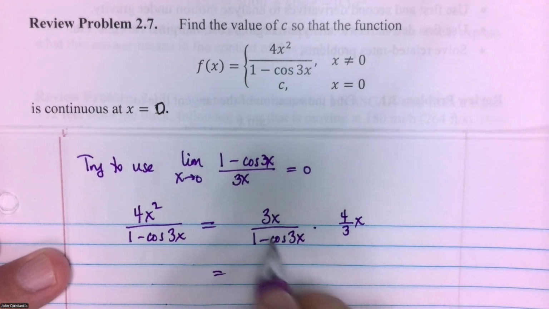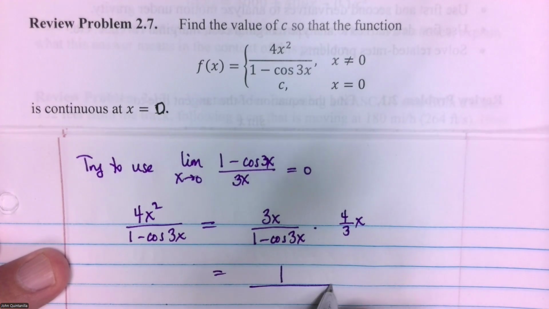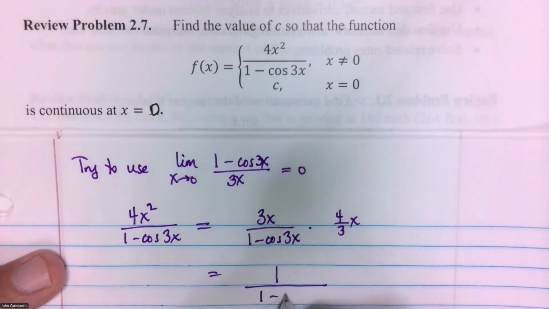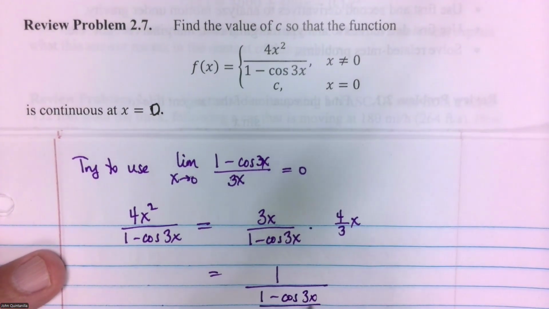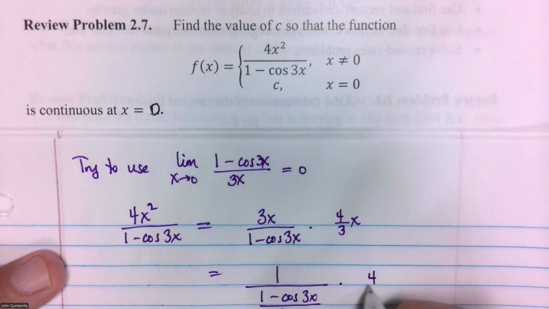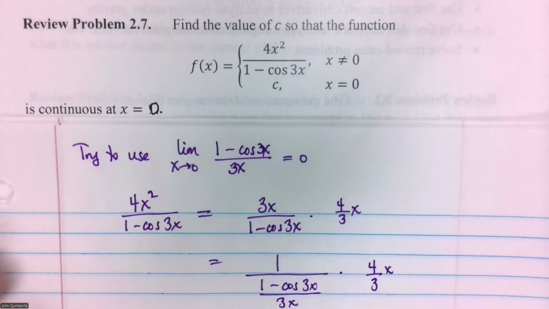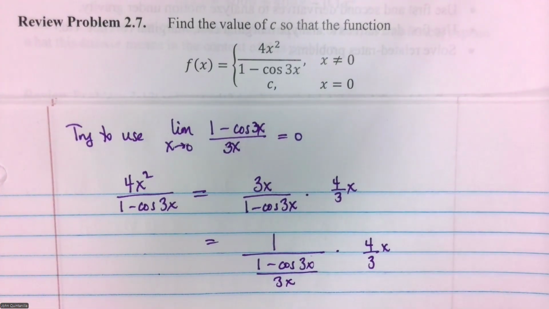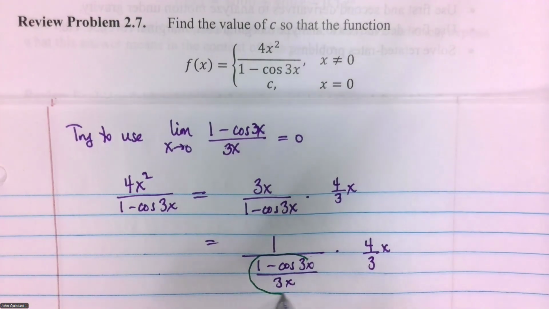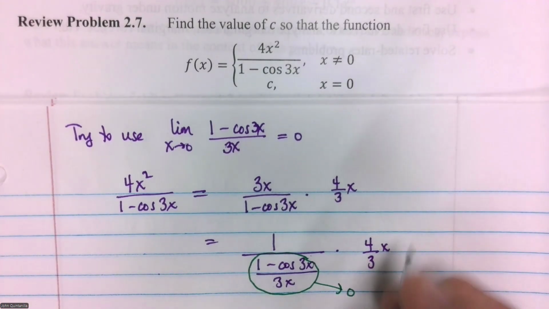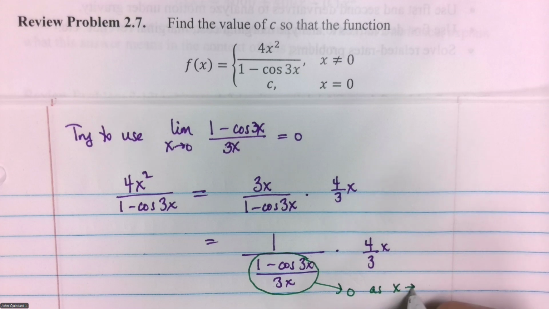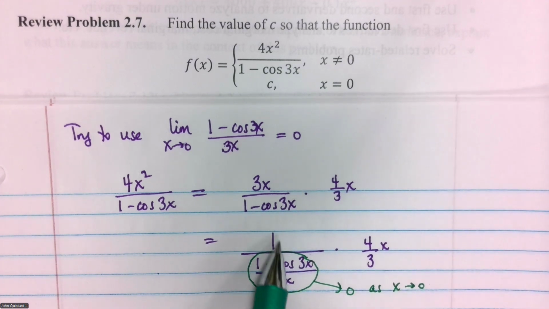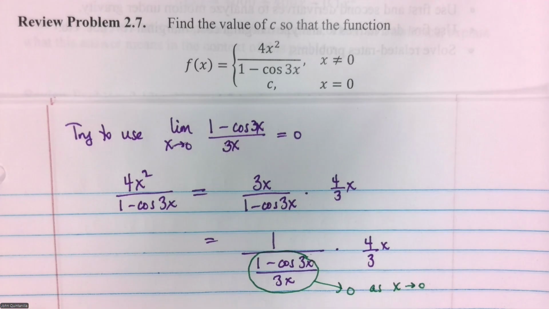So this fraction becomes 1 over the quantity 1 minus cosine 3x over 3x, times 4/3 x. This does not work because, again, this whole thing in green that I'm circling is going to 0 as x goes to 0. And so I would again have 1 over 0, and that will not work in this particular example. Okay, so that does not work.